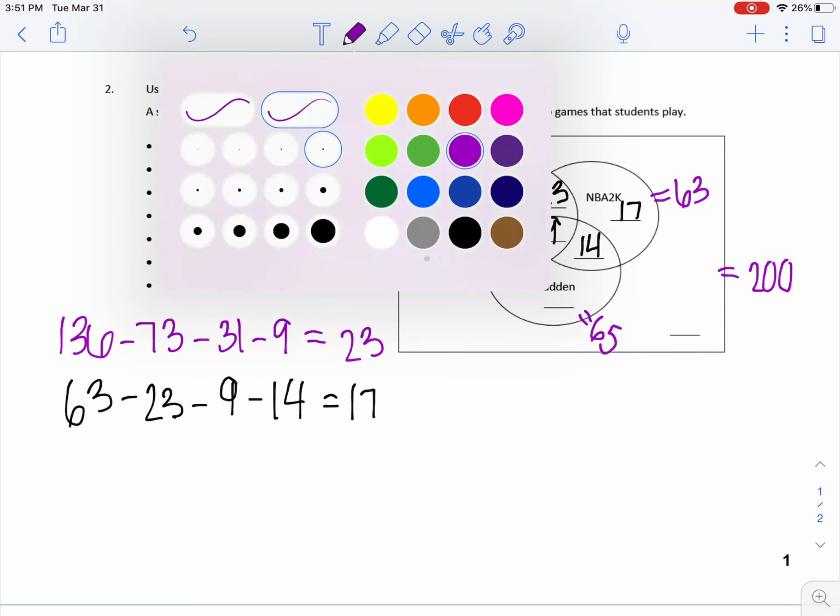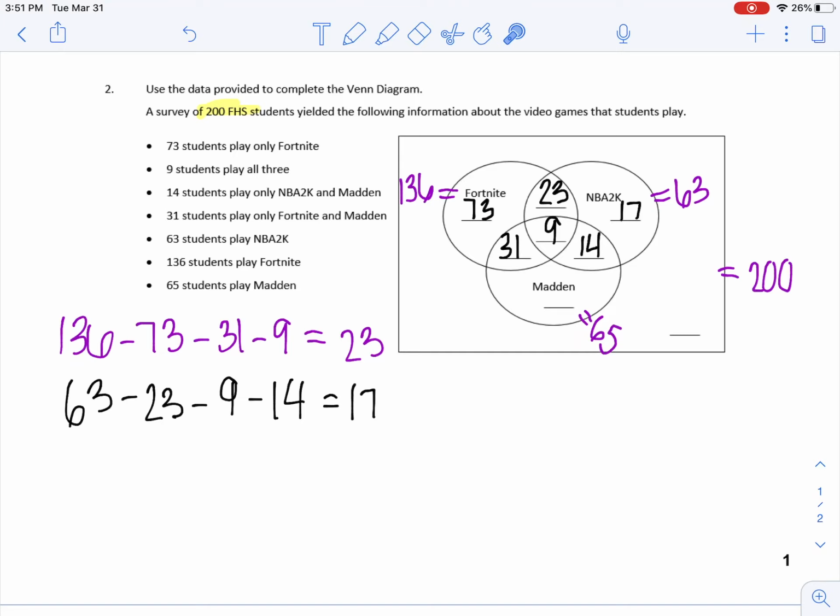Then lastly, we can go to our 3rd circle for Madden, and it's the same process. We take our total, subtract the 3 numbers that we know on the inside to figure out our 4th number on the inside. So 65 minus 31 minus 9 minus 14, which equals 11. So we have 11 students who play Madden only.